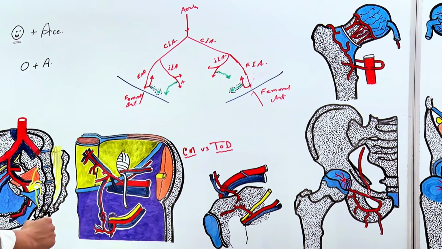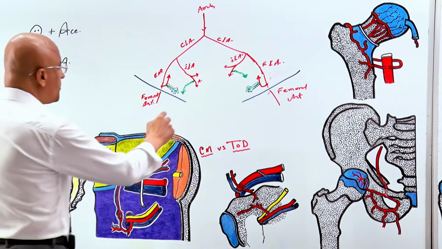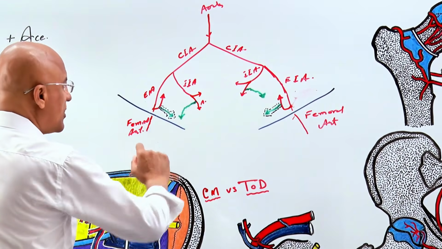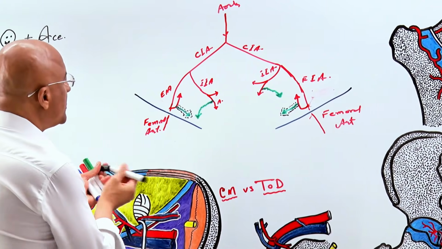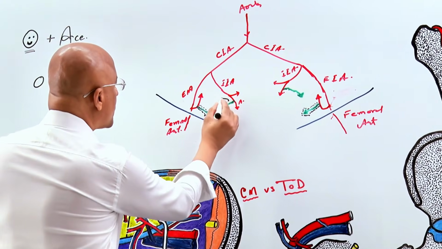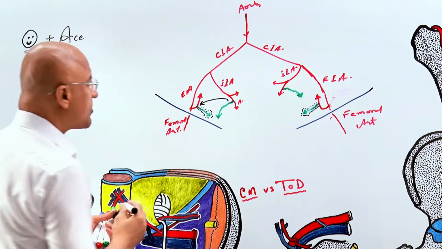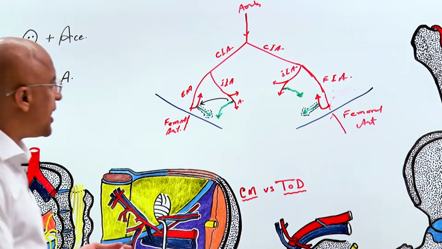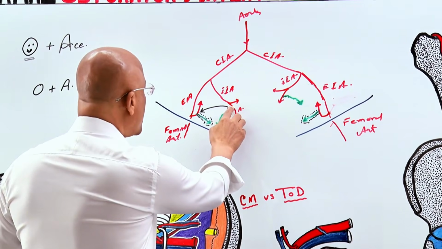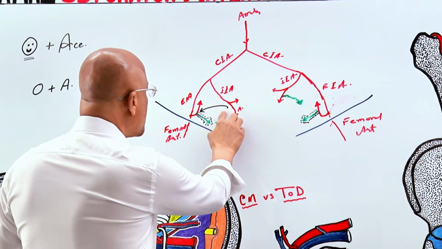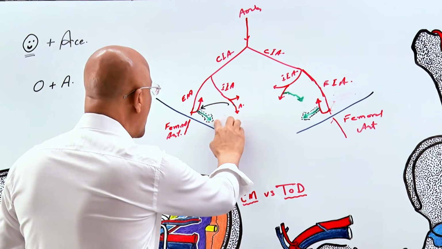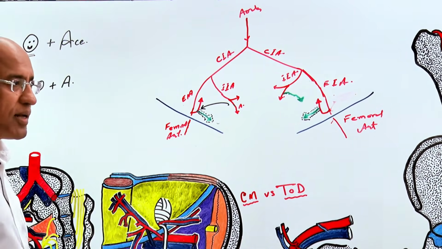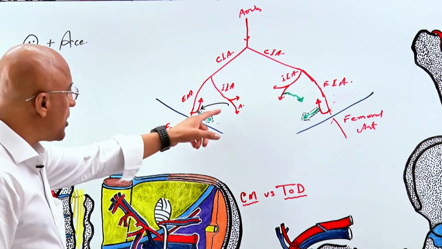In that person, the origin from, what is this? Normal is not there. This origin is transferred here. What does it mean? That there is no classical, normal, typical obturator artery, right?